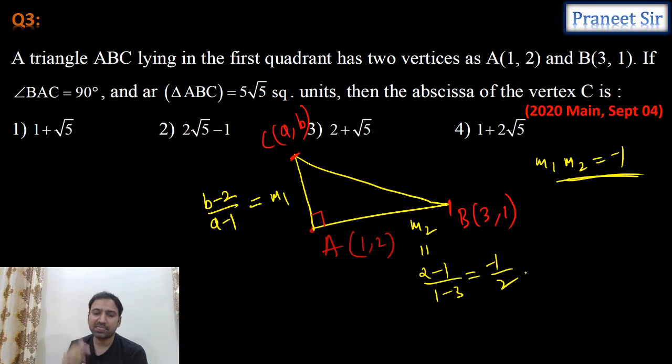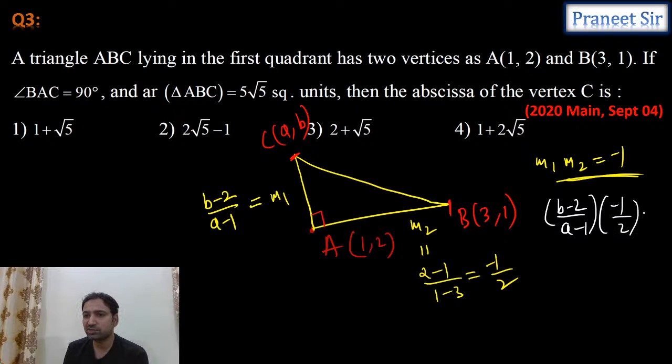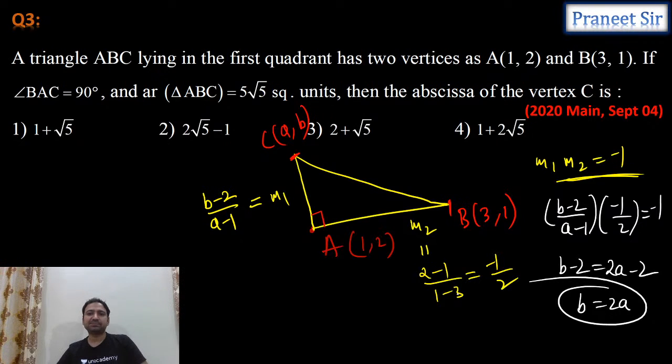So when we apply the product of the slopes equals minus 1, tell me what we get. m1 is (b minus 2) by (a minus 1) and m2 is minus 1 by 2, equal to minus 1. Minus 1, minus 1 cancelled. So b minus 2 equals 2a minus 2. From this, b equals 2a. Okay, we got b equals 2a.